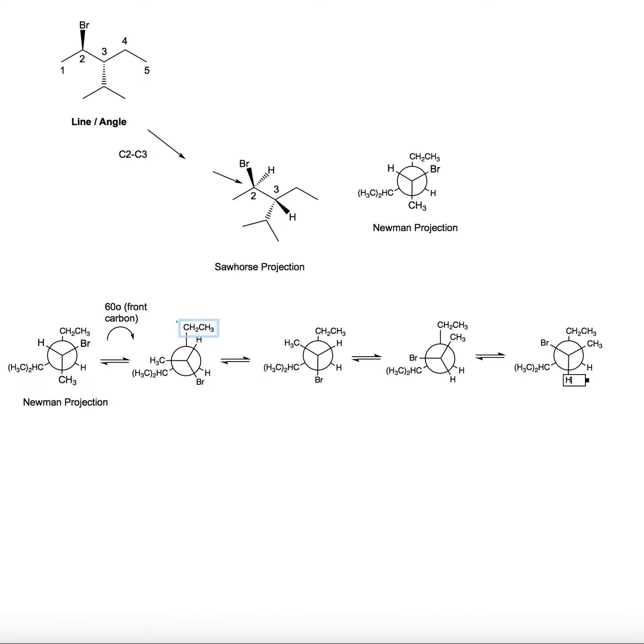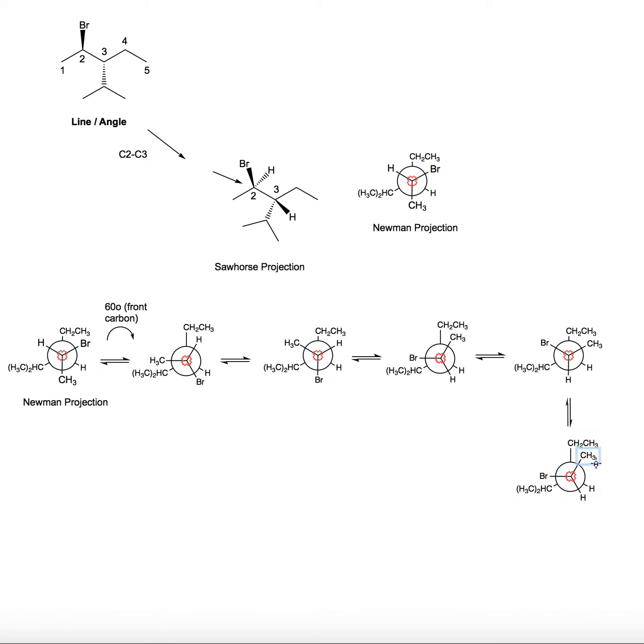And then finally, if we rotate another 60 degrees from here, we will go from this eclipsed conformation to another staggered one.